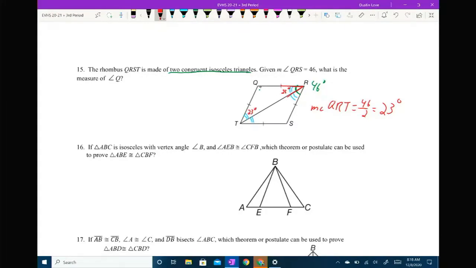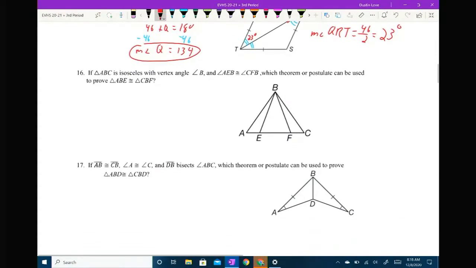And now I can set up this entire equation to find the measure of angle Q. So I've got 23 plus 23 plus the measure of angle Q equals 180 degrees, the sum of the angles inside a triangle. So that gives me 46 plus Q is equal to 180. I'm now going to subtract 46 off of both sides. So Q equals 180 minus 46, which is 134. And there we go. I guess I should probably write this properly. At the end, this should be measure of angle Q equals 134 degrees.